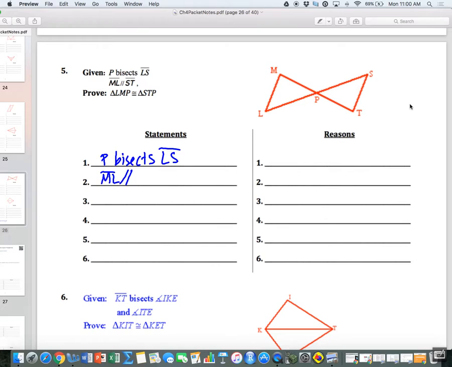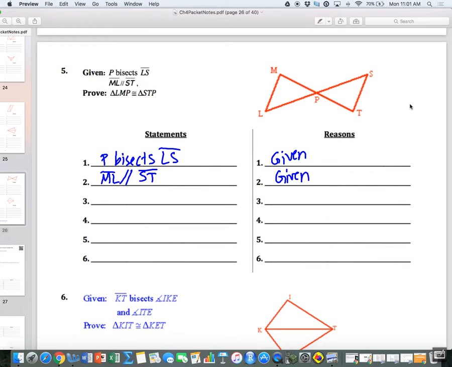Parallel. Hey, can we quiet down, please? Okay, at this point, do we have any A's or S's? No. Do we have any angles congruent or any sides congruent? No. If two sides are parallel, does that mean that they're congruent? No. Okay, P bisects. What was that supposed to give us?